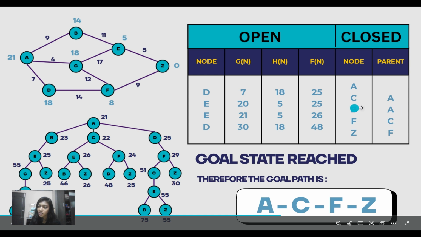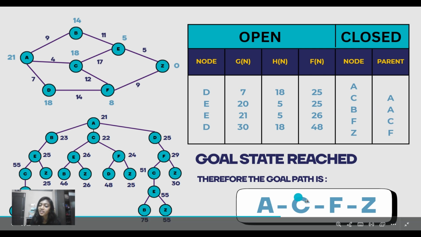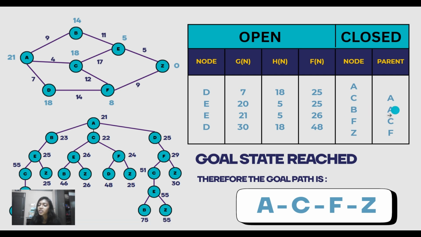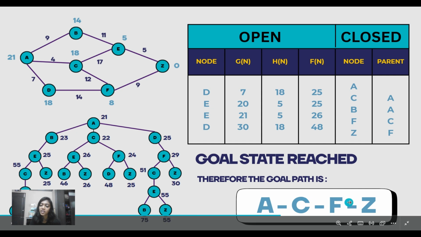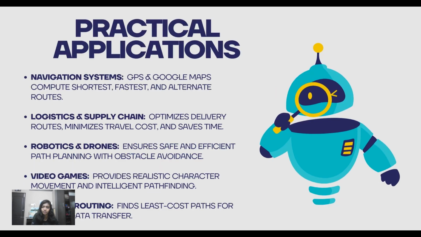We can omit this value because the goal path is A C F Z. It does not involve B, so we can omit it here. So the final goal path is A C F Z, which provides an optimal and shortest path between A and Z.